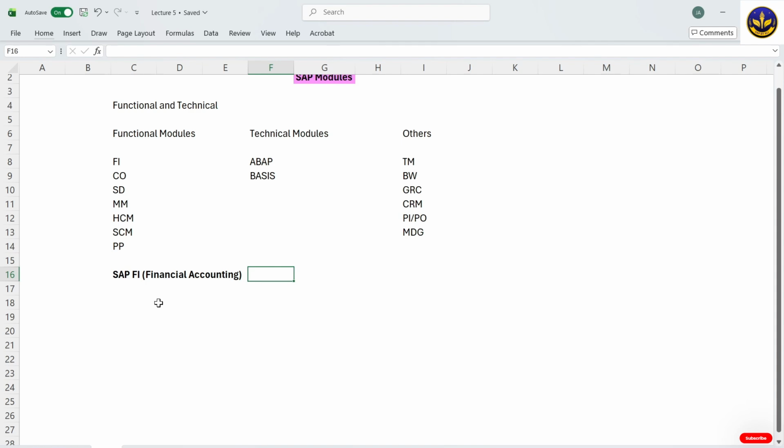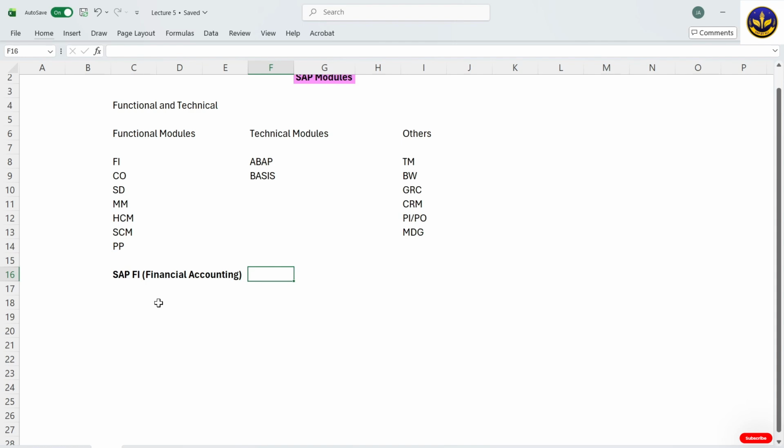These statements are useful for stakeholders who have a stake in the company, the banks which are lending you money, and the tax authorities which are collecting tax from your organization. These are the parties which are interested in your financial statements.